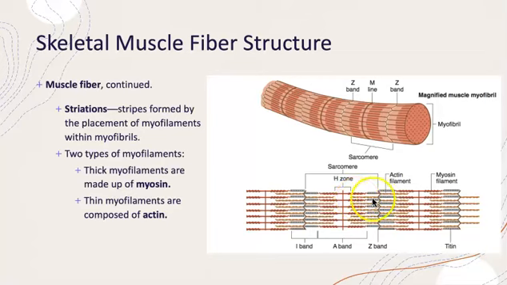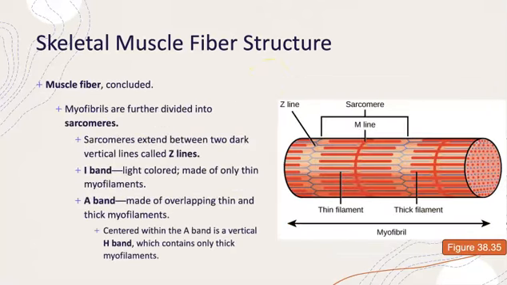This space in between consists of what we call a sarcomere, and this is going to be our functional and structural unit of our muscle cell. And if you look at this myofibril or muscle cell here, we see that we have repeated sarcomeres throughout the myofibril.